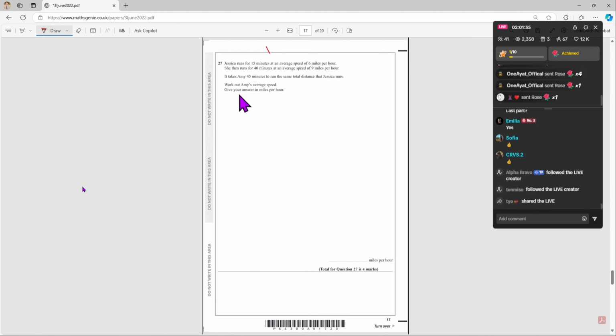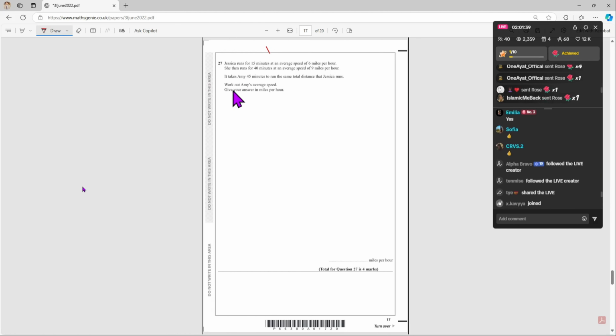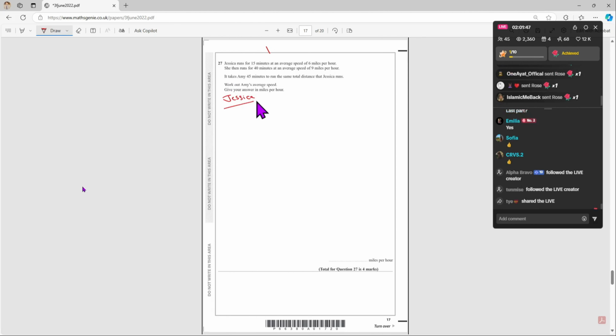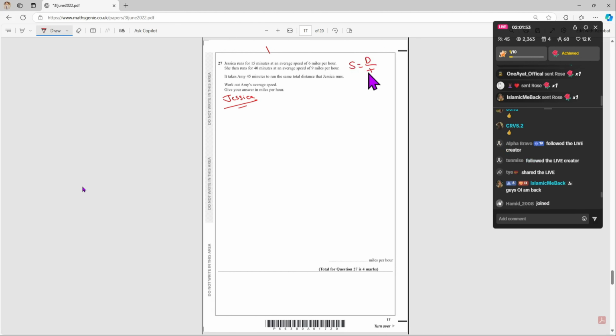So how do we do this? Firstly, you work out Jessica's total distance that she traveled. We know that speed is equal to distance divided by time. That is the formula you need to know.